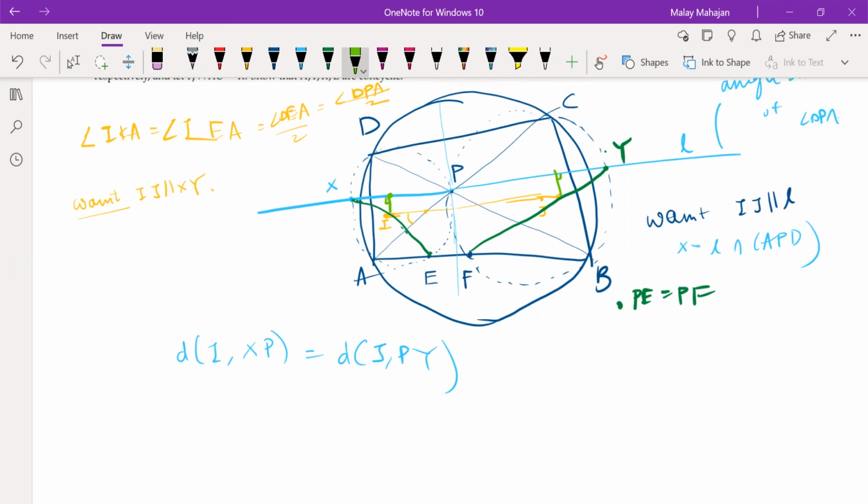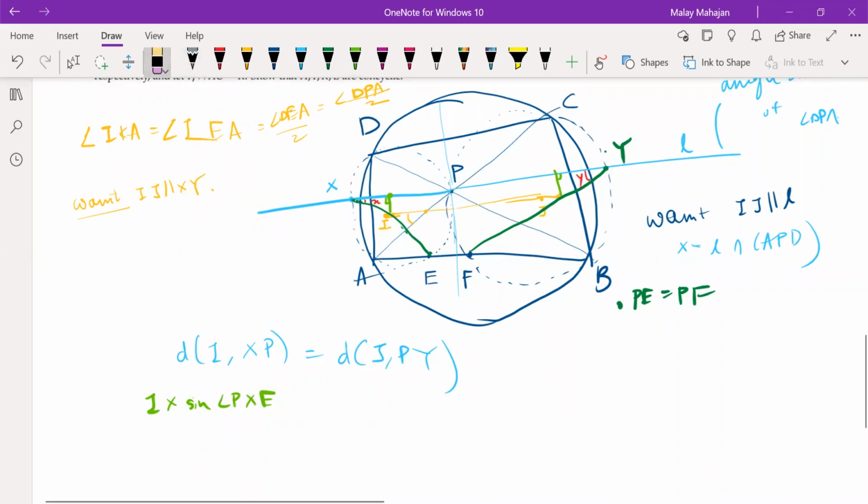So if you see this triangle, you want this distance is IX into sine of angle PXI, which is PXE. I'll just call this angle x for now, and this angle y.